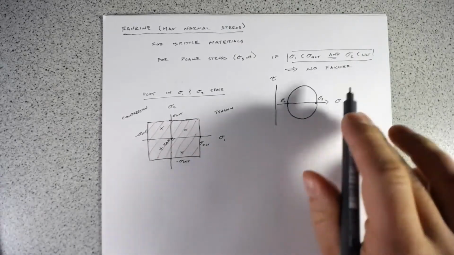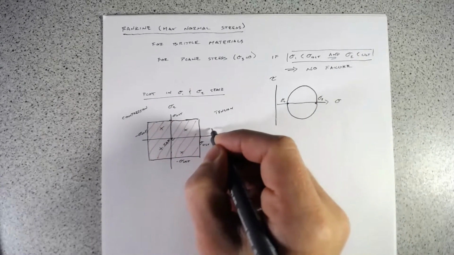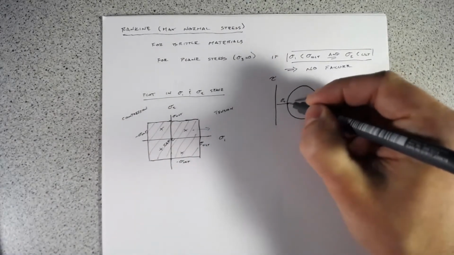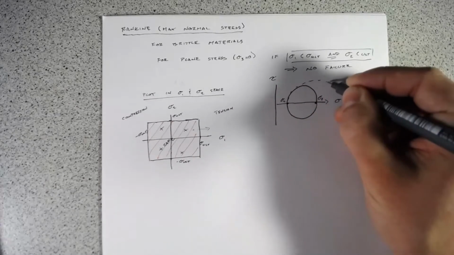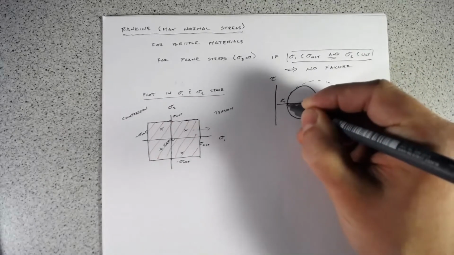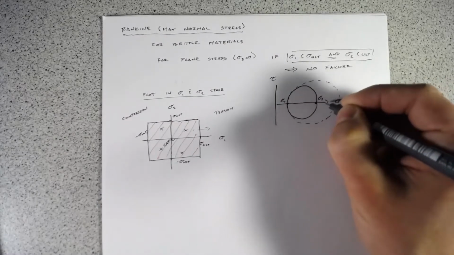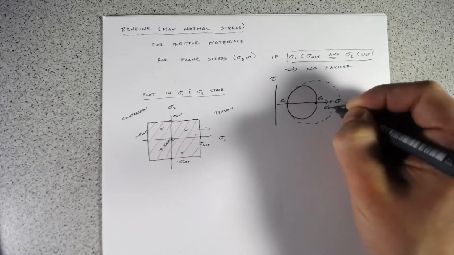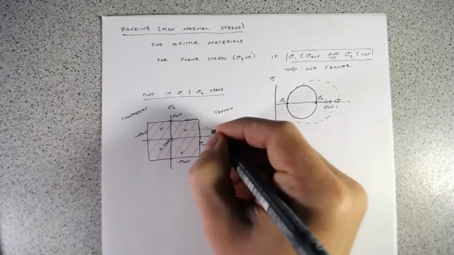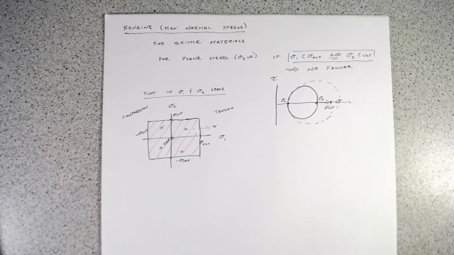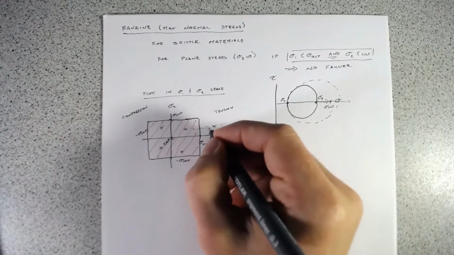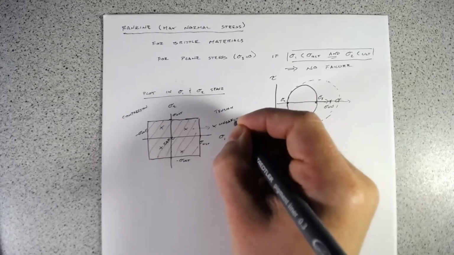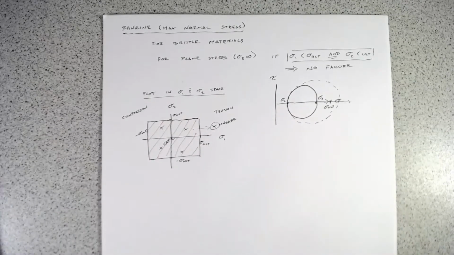If we have either one of them exceed it, say we move this dot over here, we increase our sigma 1 to something over, sigma 2 stays the same, but sigma ult is over here. Then this failure criterion tells us that we're going to get failure. So this is our unsafe region out here.